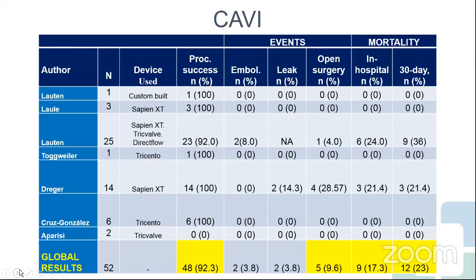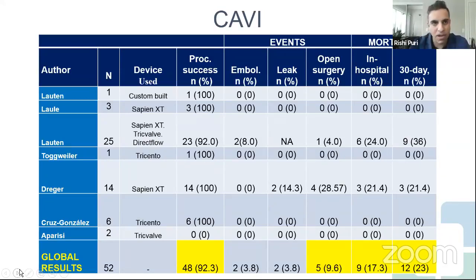And we can see here some of the summary of that data. As you can appreciate, these patients are quite sick, but nevertheless, procedural success in some of these very earlier devices was reasonable at 90%. That tells us that with a dedicated, custom-made device for the cava anatomy, one can achieve very high procedural success.